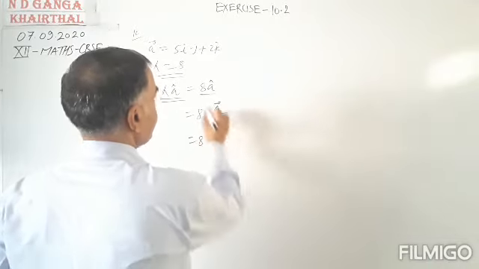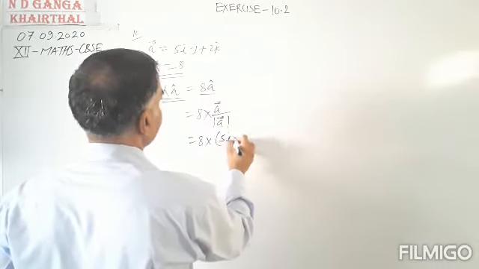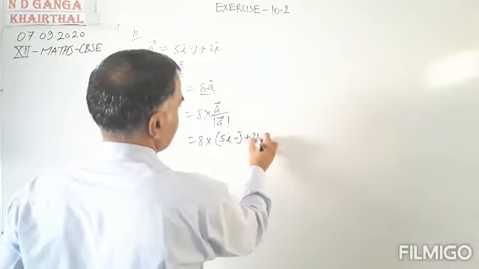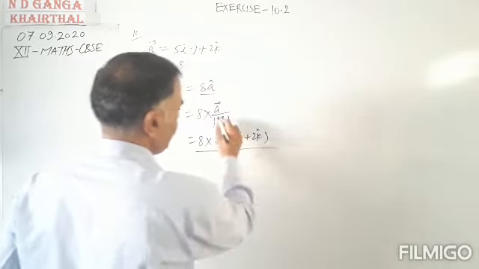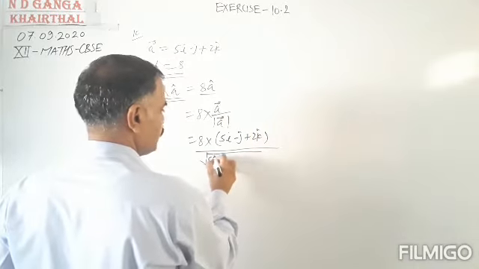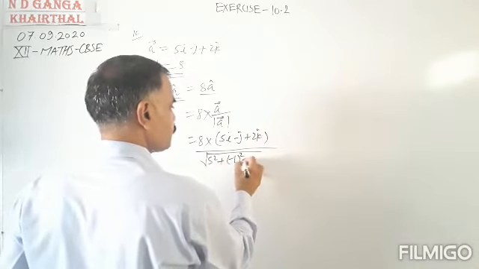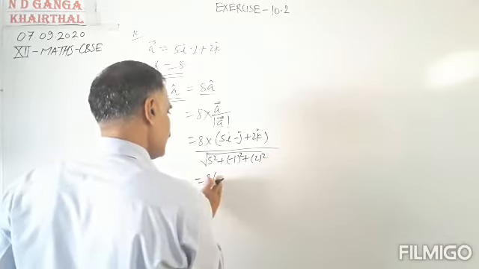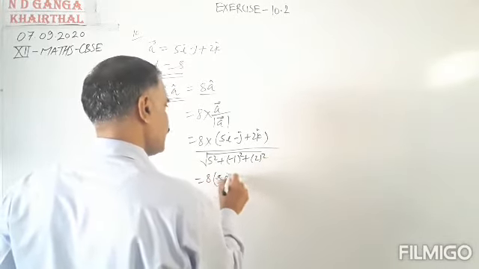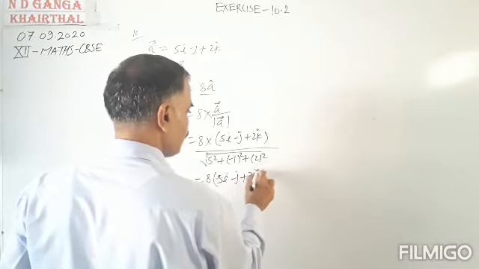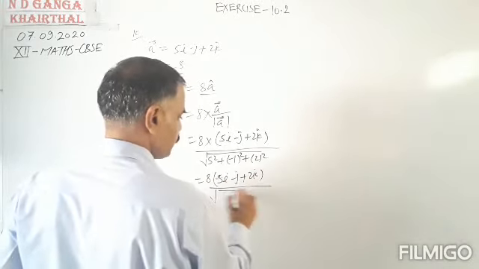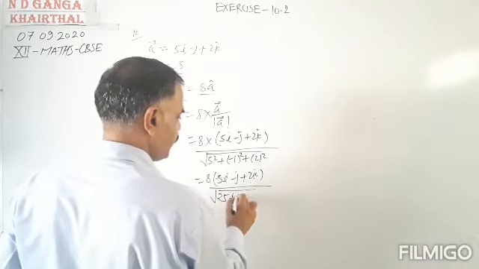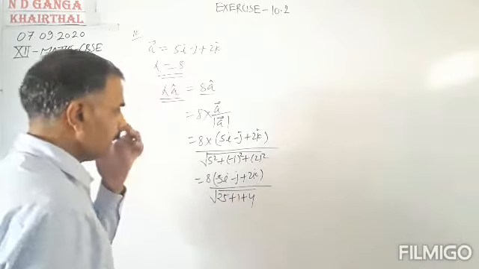8 into a vector, which is 5i cap minus j cap plus 2k cap, divided by its magnitude, that is under root 5 square plus (minus 1) square plus 2 square. So 8 into (5i cap minus j cap plus 2k cap) divided by under root 25 plus 1 plus 4.